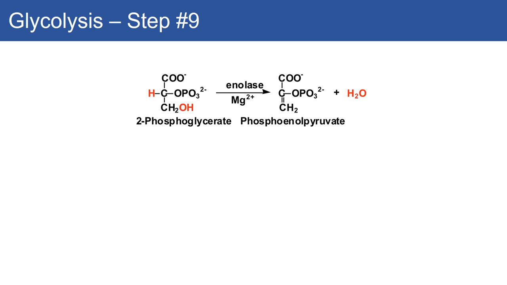Step 9 is a dehydration of the 2-phosphoglycerate, where through an enolase and a magnesium cofactor, you're going to want to know both of those, we're going to make phosphoenolpyruvate and water. So we are going to take off that hydroxyl group. The product is going to be water.